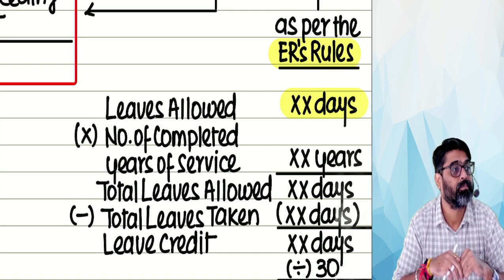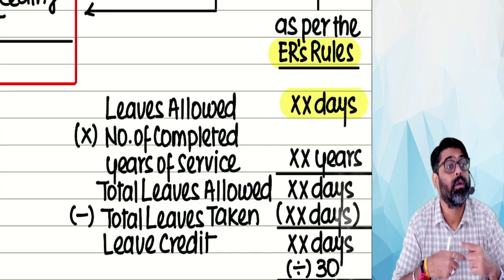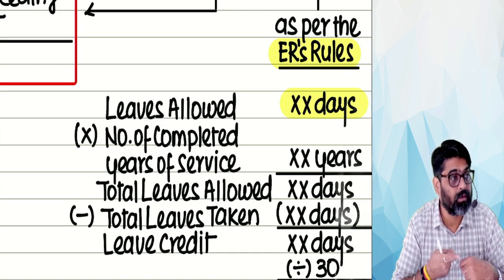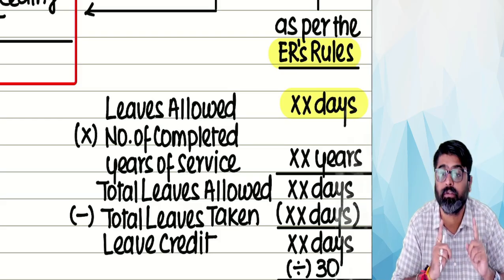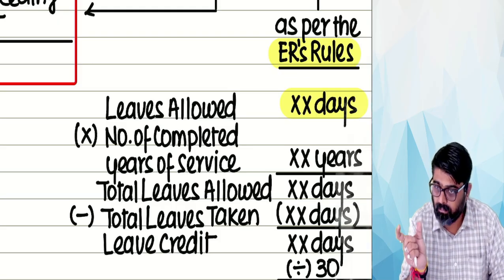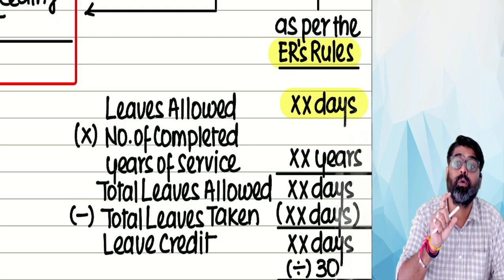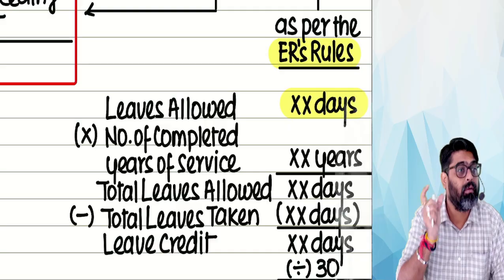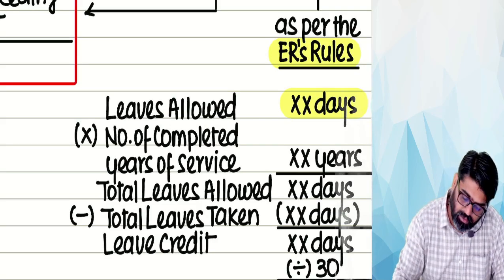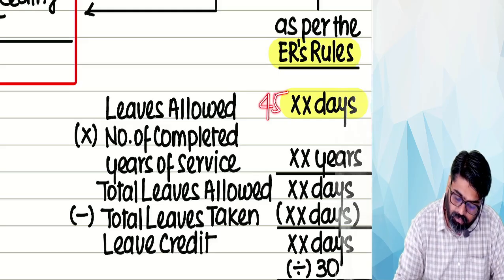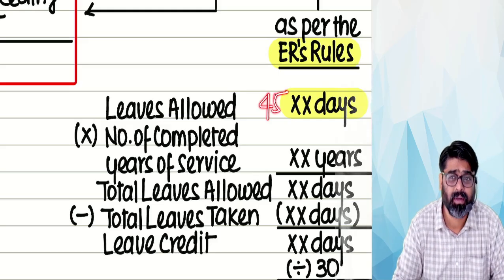Meaning the number of years of service. But those number of years will be completed years. So for every completed year, the employer was giving you 45 days.